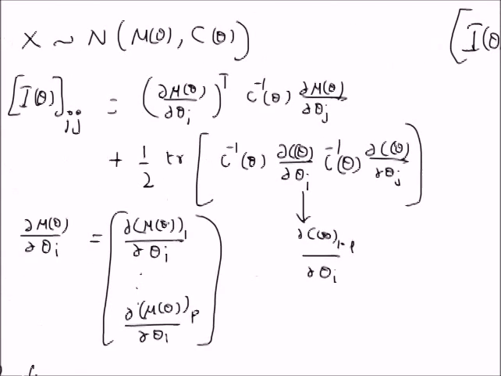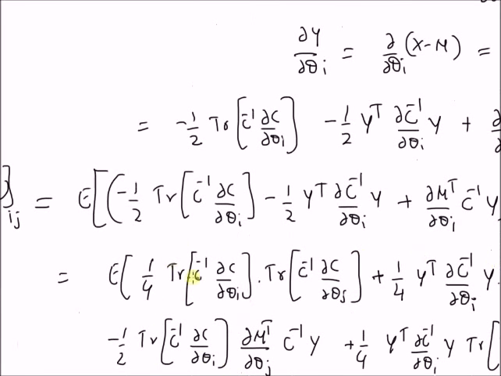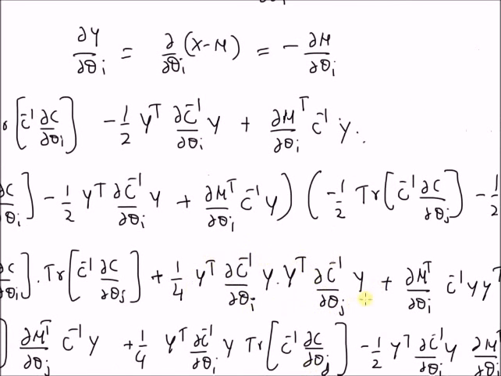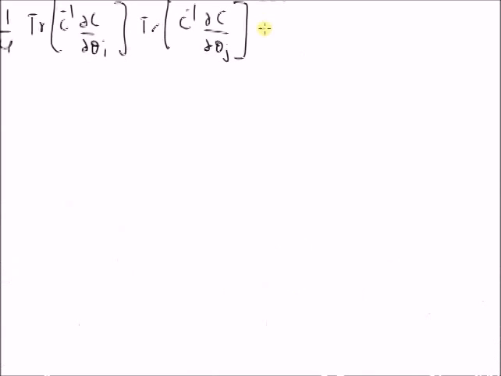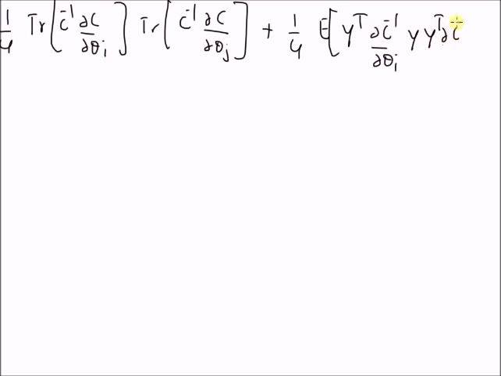That is the first term. And the second term is expectation of this product, which is plus 1 by 4 expectation of y transpose derivative of C inverse with respect to theta I into y transpose derivative of C inverse with respect to theta j and y. So that is the second term.